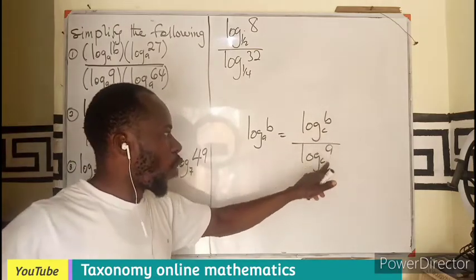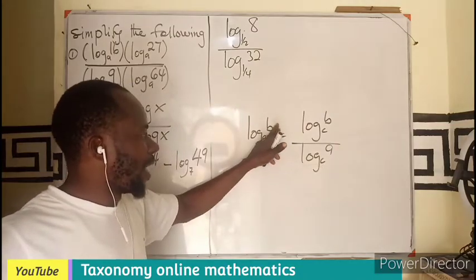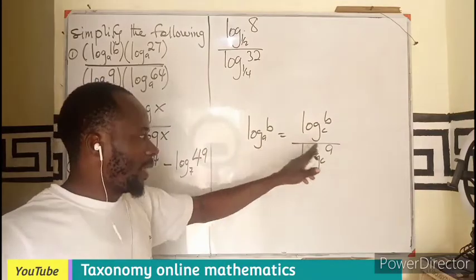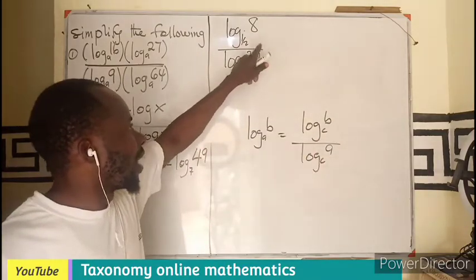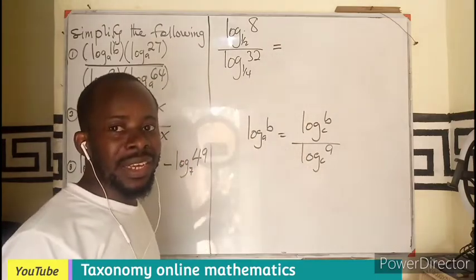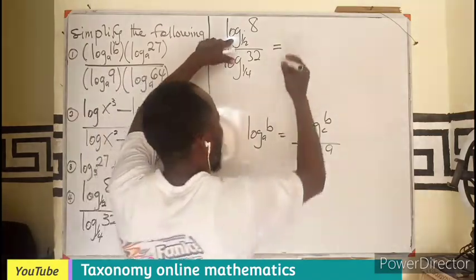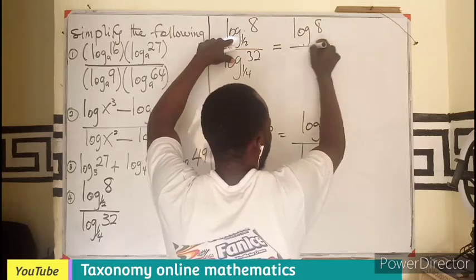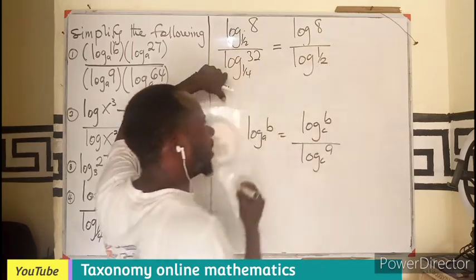Meaning this is the base. I want them to have a common base. So the argument is going to be the argument of the numerator, and your base is going to be the argument of the denominator. Checking this carefully, I want to change to base 10. If you write a log without the base, it means you are in base 10. So I want to change this to become log 8 base 10 divided by log half base 10.